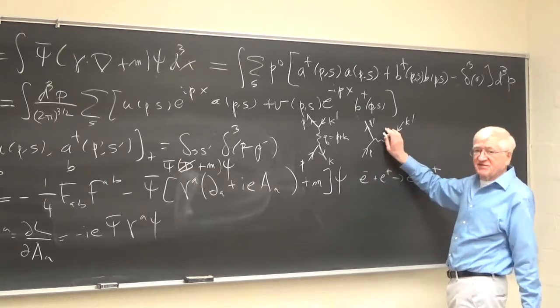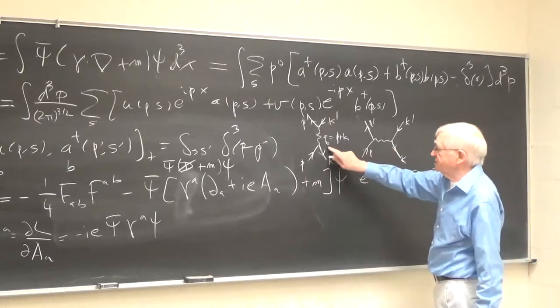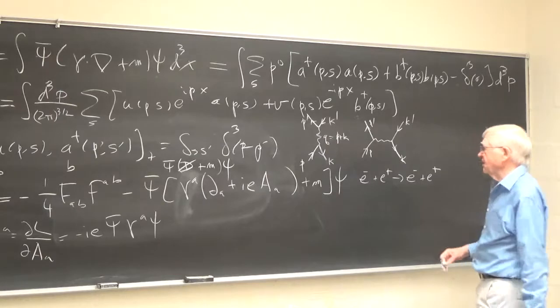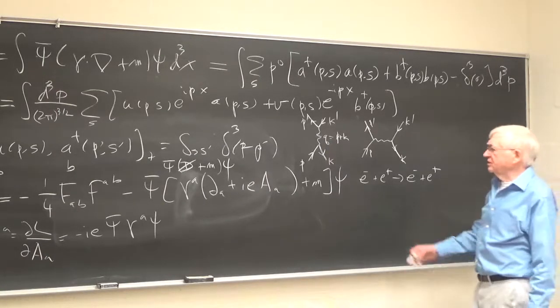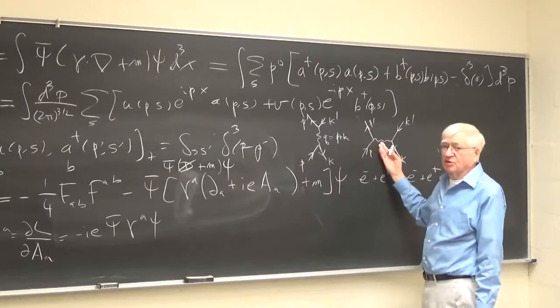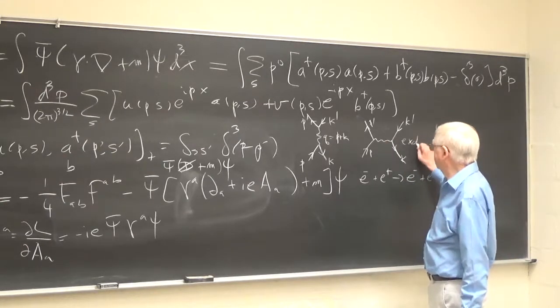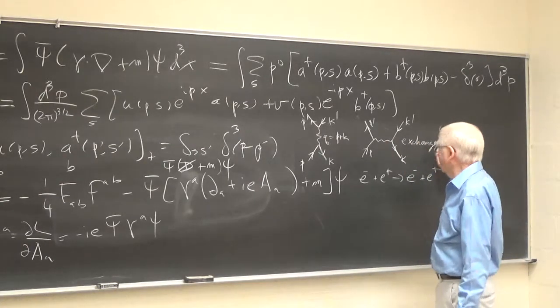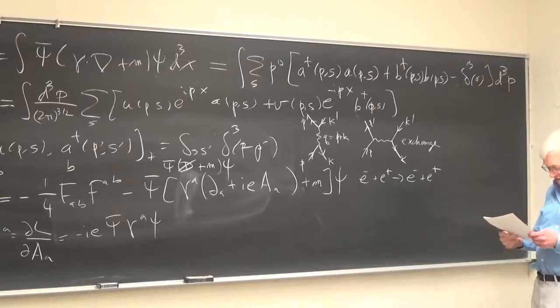If you have muons in the final state, this diagram doesn't appear, and so you just have this diagram, so it's a simpler process. This is called the direct or annihilation diagram. This is called the exchange diagram. It has nothing to do with stock exchanges. I don't know why it's called exchange.